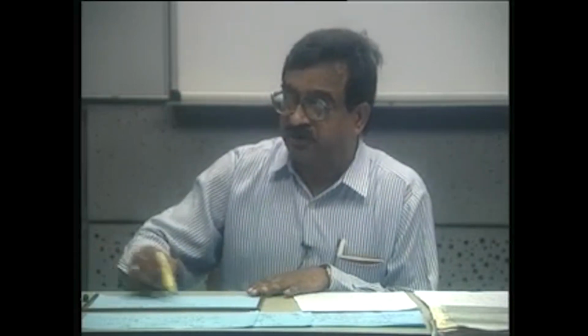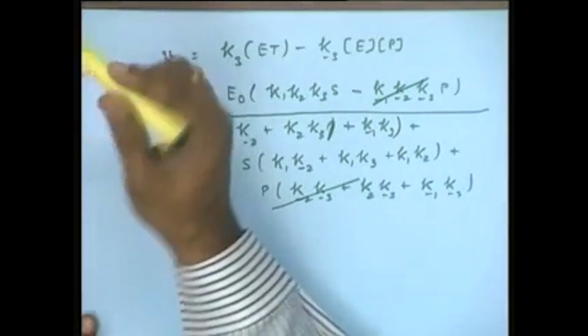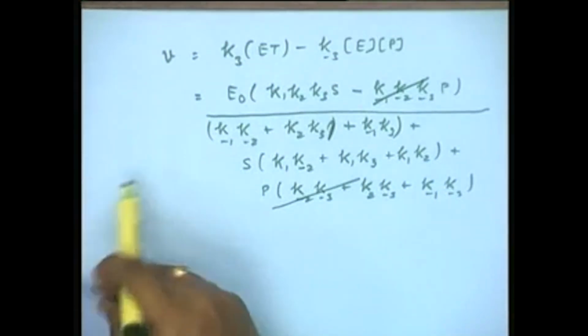The denominator here is the sum of the kappa factors. Denominator is totally the sum of all the kappa factors, all the 3 species, their kappa factors the sum, and essentially you will notice that because here we have taken all the 3 steps or all the 3 enzyme species, they are convertible reversibly.